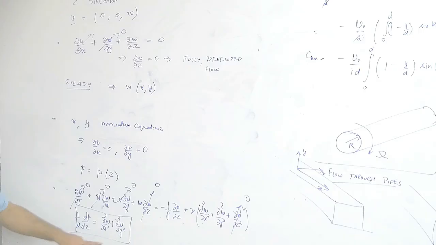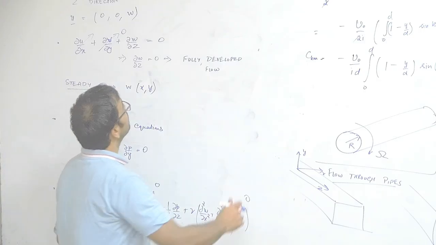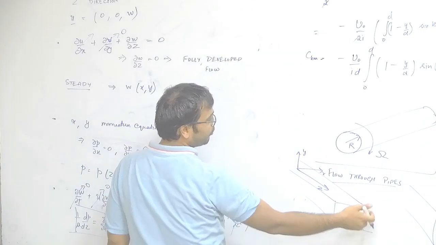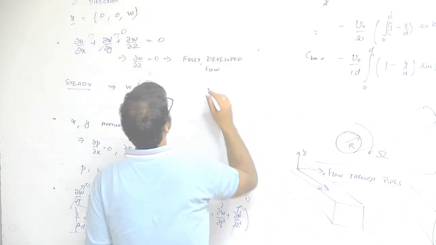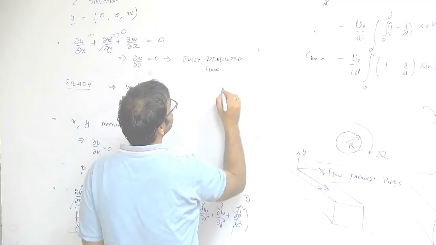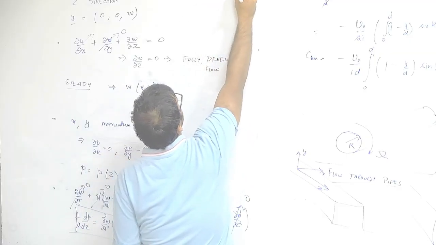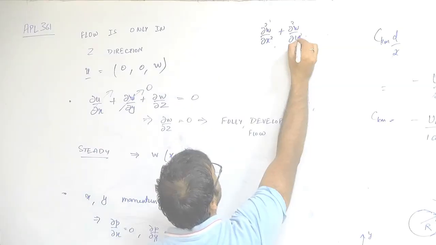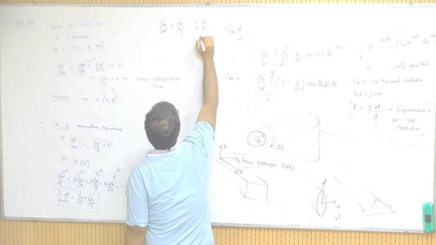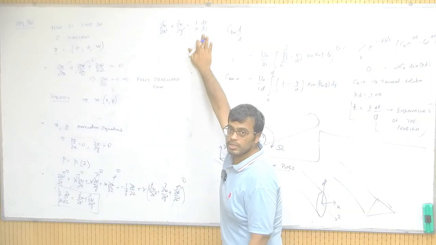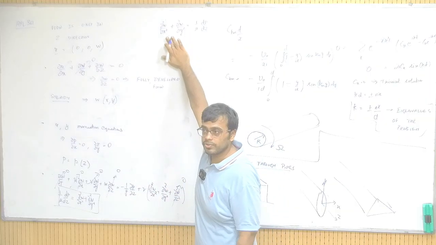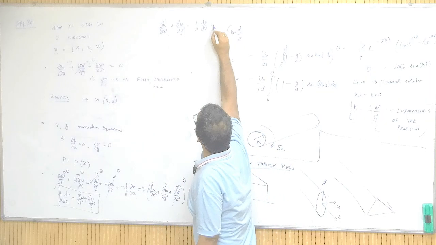So in the Cartesian coordinates we get that for flow through any of these pipes, we have del 2 w over del x square plus del 2 w over del y square equals 1 by mu dp dz. This is a function of z, this is only a function of x and y, they can be only equal when both of them are constants.